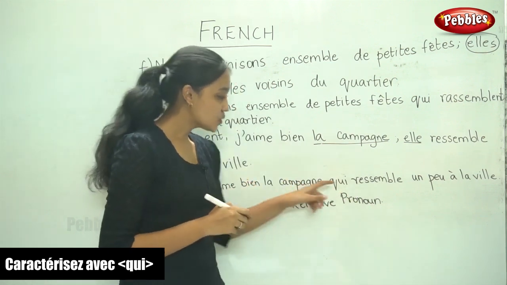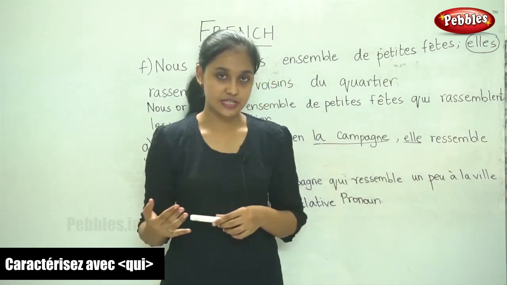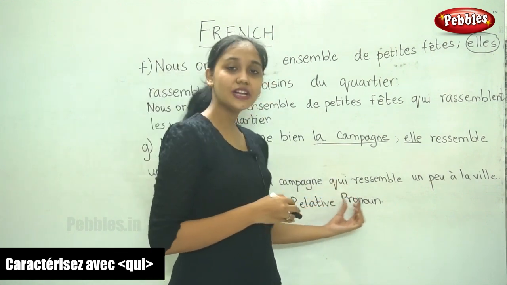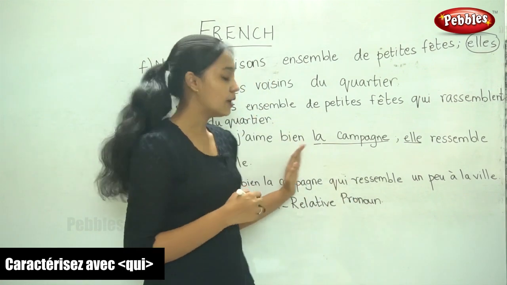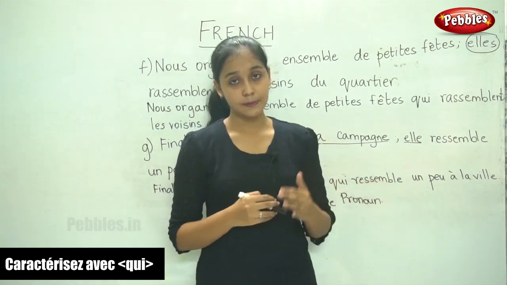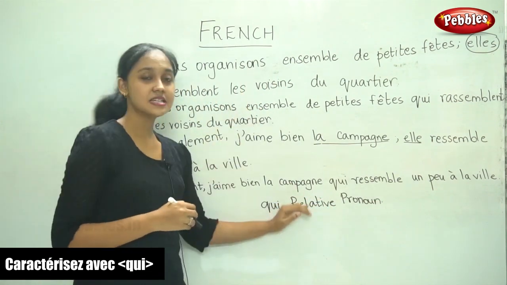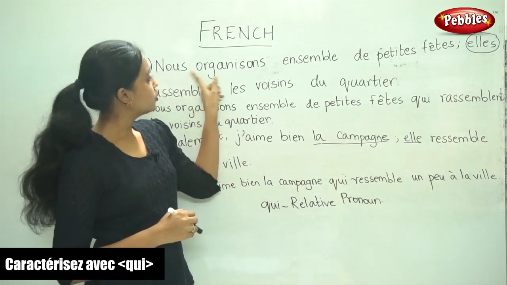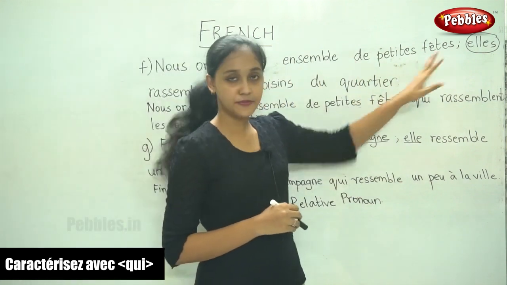And by using this relative pronoun, we are able to characterize. So, that is the point here. So, we are using a relative pronoun to characterize a person or a place. So, that is the function of qui in the sentences that we formed. In this sentence, nous organisons ensemble de petites fêtes.